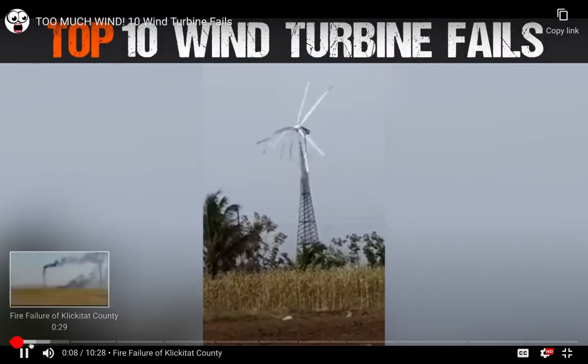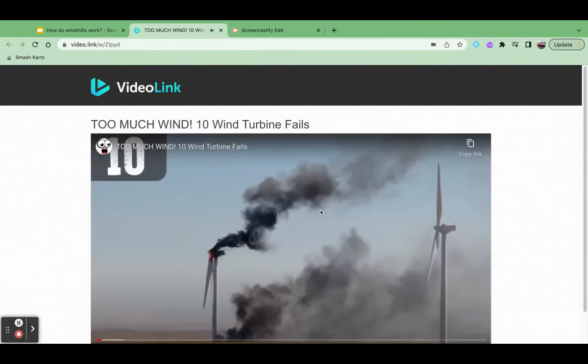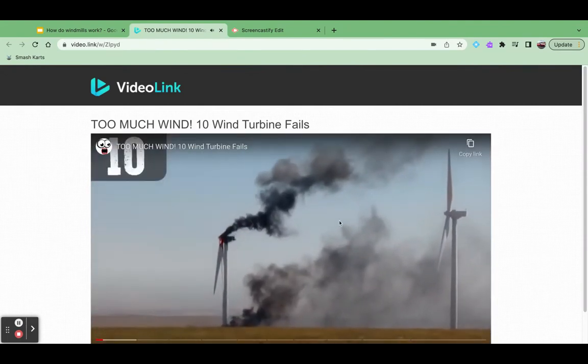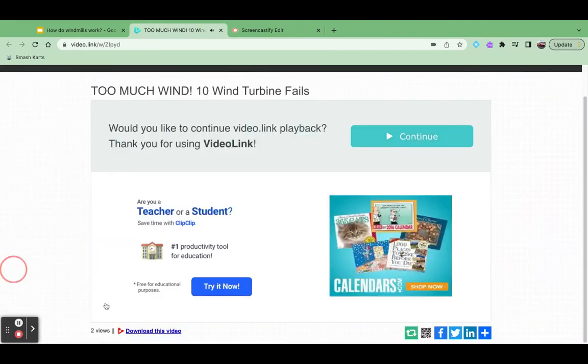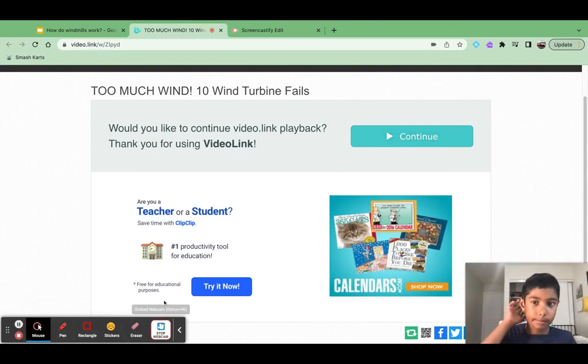Wait, let me just show you here. Okay, sorry. So here you have a wind turbine here. Number 10. The fire failure of Klickitat County, July 29th. Okay, wait. So now I'm going to show you this one. So this is actually another one here.